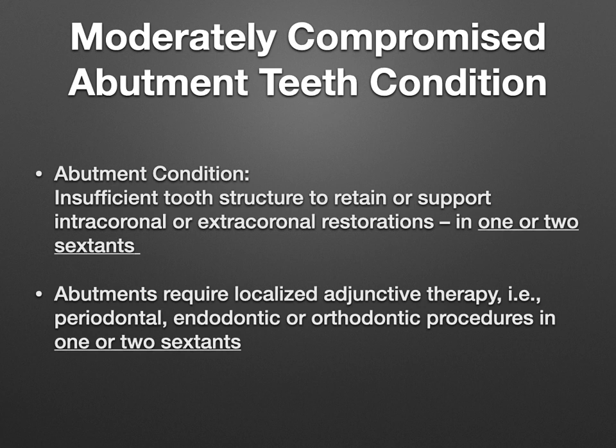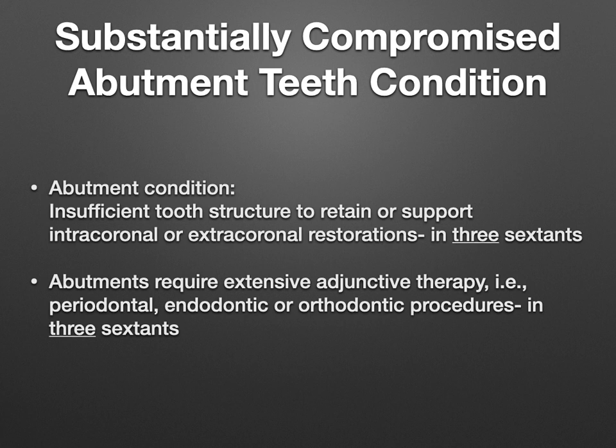Also, if the abutment tooth needs some localized adjunctive therapy, for example, the abutment tooth has periodontitis and needs periodontal therapy, or has caries involving the pulp and needs endodontic treatment, or maybe the tooth alignment is not good enough for the restorations and needs orthodontic treatment, those abutments needing extra therapy will also be considered as poor prognosis.